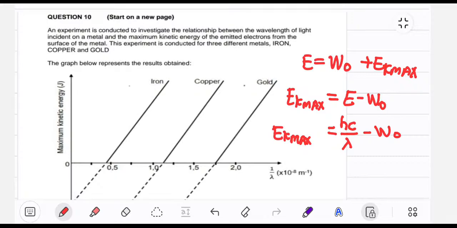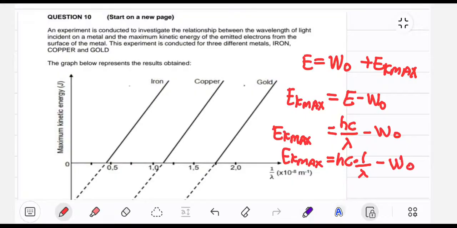Let's rearrange this to make it 1 over lambda. So I would rearrange that, and I'll have HC multiplying 1 over lambda minus W naught.